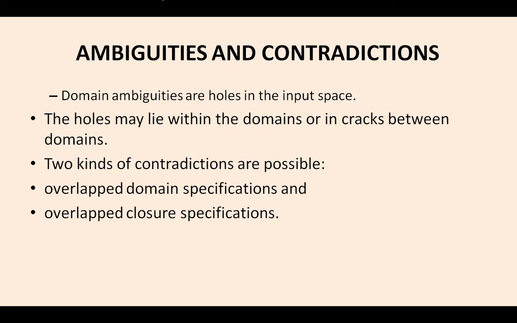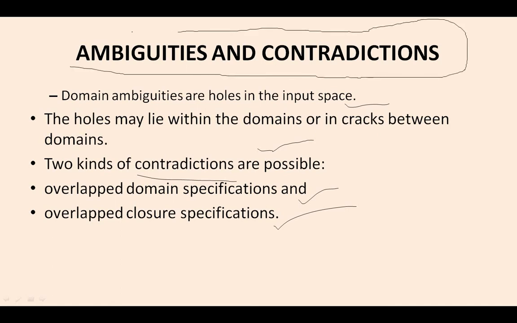Normally, some holes are there in the input space. Those are called domain ambiguities. The holes may lie within the domains or in cracks between the domains. Two kinds of contradictions are normally possible. And what are the contradictions? Normally, one domain overlaps with another domain, one closure overlaps with another closure, and then contradictions may happen. So ambiguities and contradictions are also bad properties of the ugly domains.